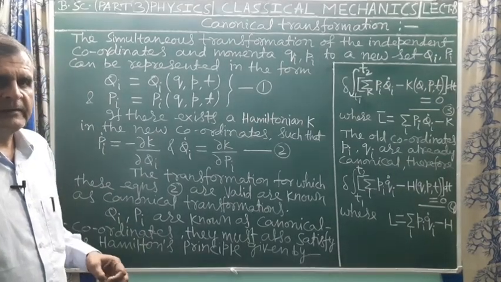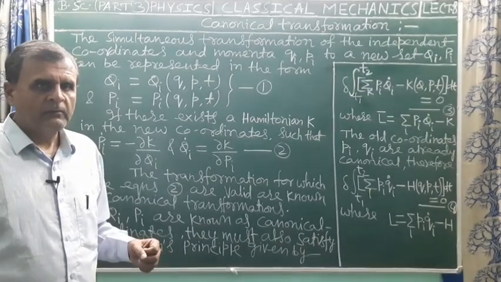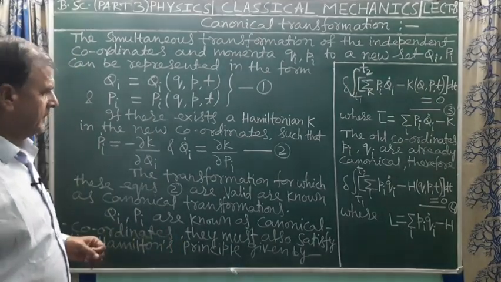So Hamilton's principle is delta integral T1 to T2 L dt equals 0.